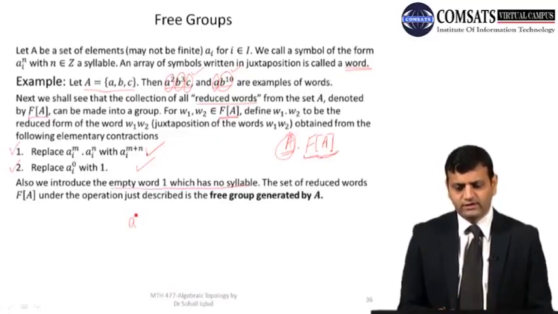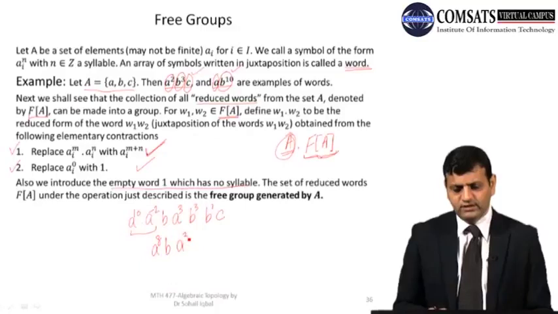For example, if I have a word a^10 a^-2 b a^3 b^3 b^2 c, and so on, I can use this first rule to write a^(10-2) as a^8 b, and similarly a^3 b^3 times b^2 is b^5 and c. So this is the reduced word after using the first operation.